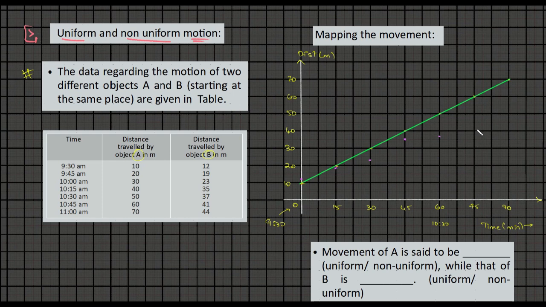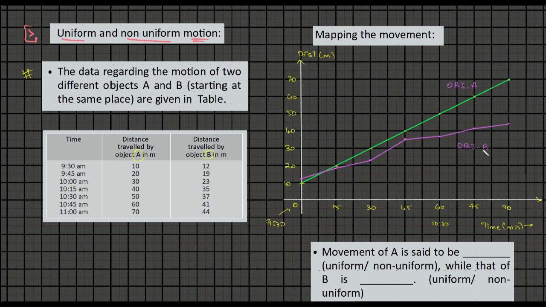And then 41. 41 is over there. And at 90 it is 44, somewhere over there. So we have this as our motion. So this is object B, and that's object A. So this is basically our motion of the two objects.